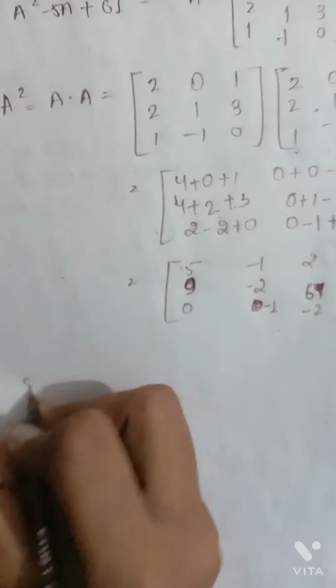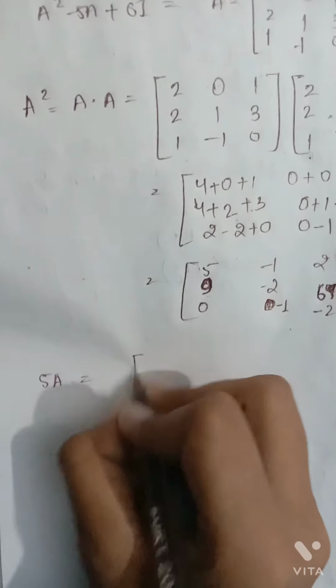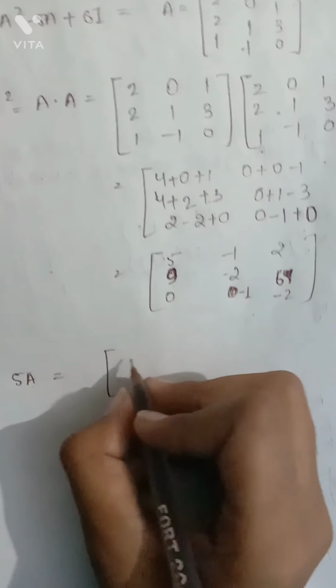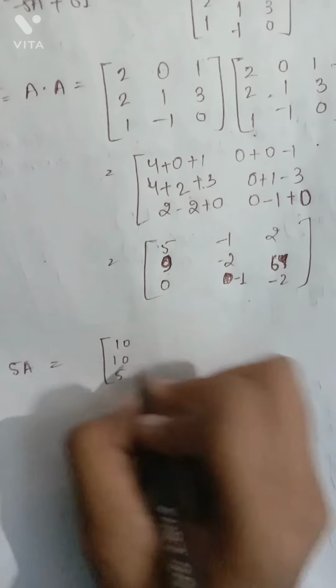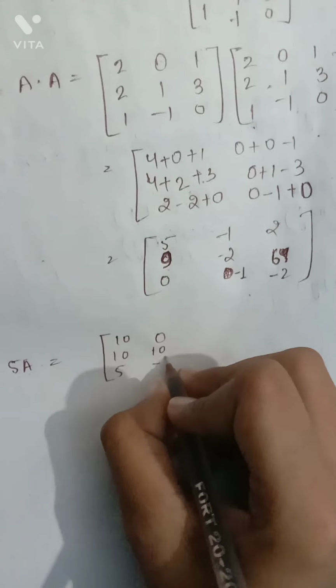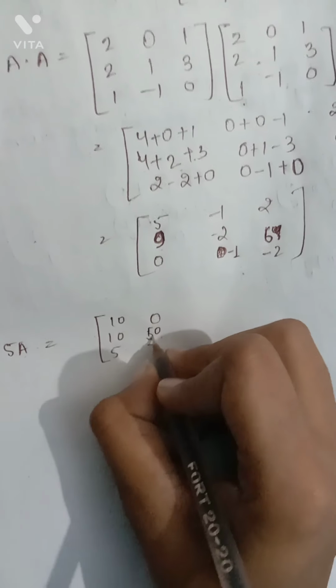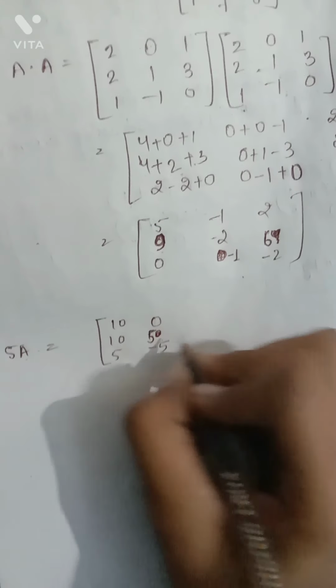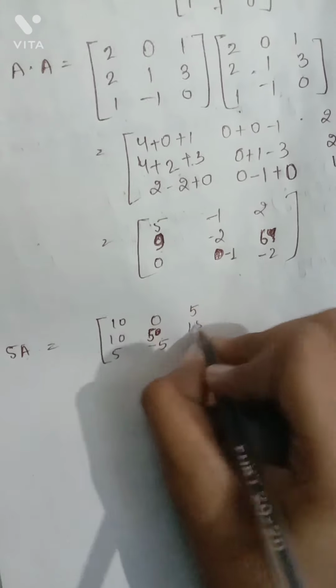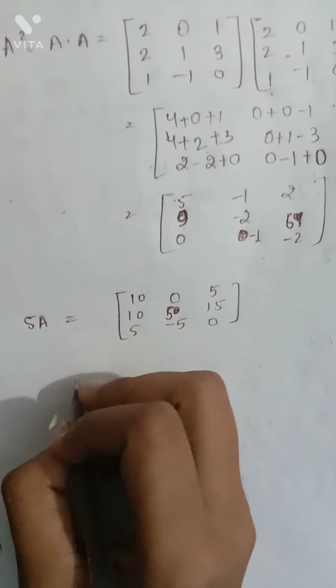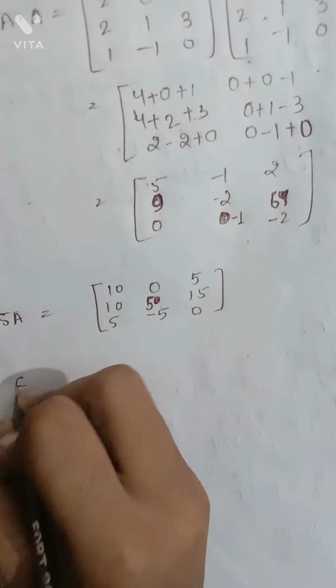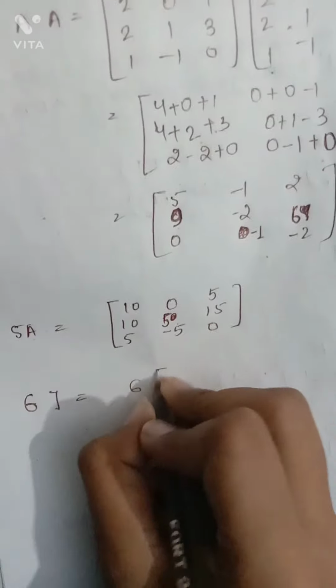Again we have to calculate 5A, which is 5 times A. We will get 10, 10, 5, 0, 10, minus 5, again minus 5, 5, 15, and 0. Now again we have to calculate 6I, meaning 6 into the identity matrix.